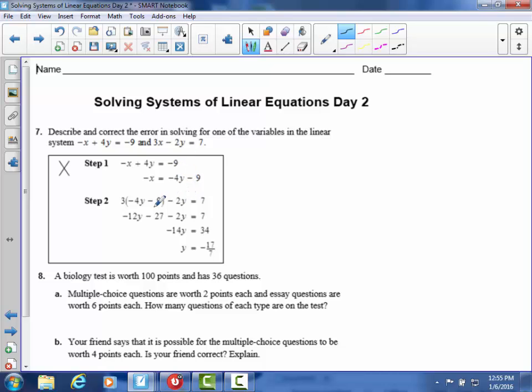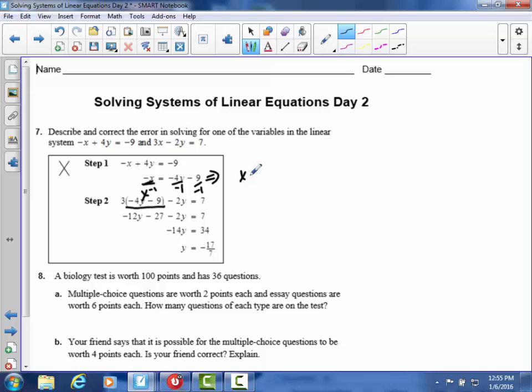And then let's see, they took the second equation, which was this 3x minus 2y, and they substituted in negative 4y minus 9 for the x. Oh, this was just plain old x, but this is negative x. Okay, so what they probably should have done is divided everything here by negative 1 so that it was just plain old x.